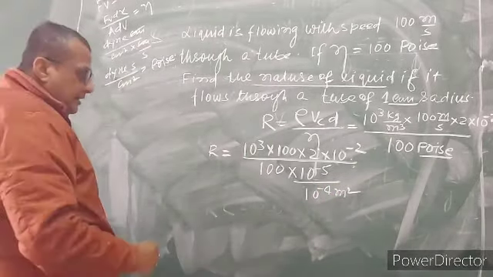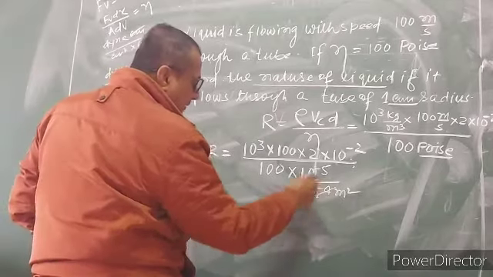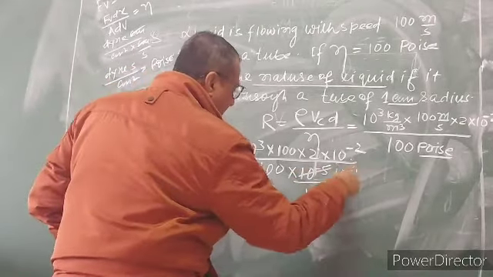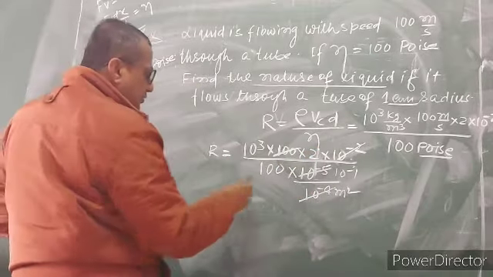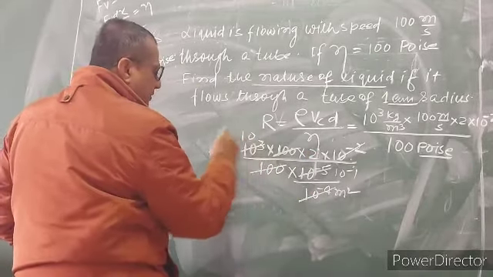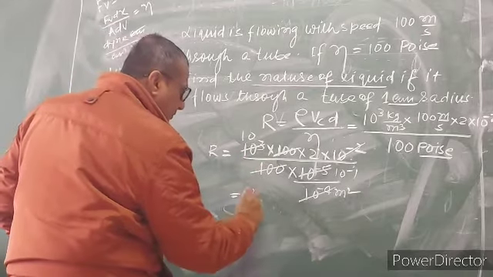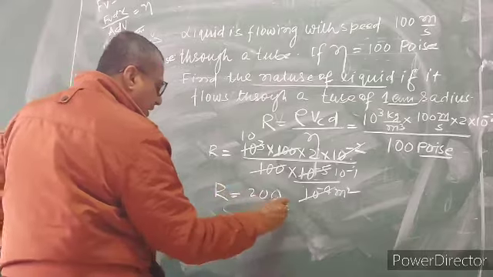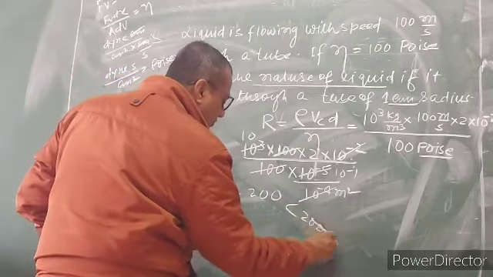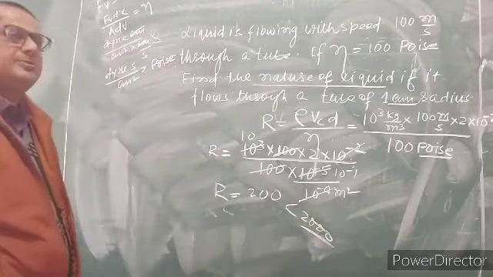I think clear. This will be cancelled, and this will be cancelled, and it will be 200. This is less than 2000. So the nature of the liquid is streamline.